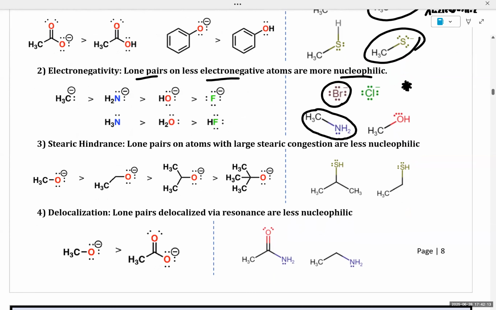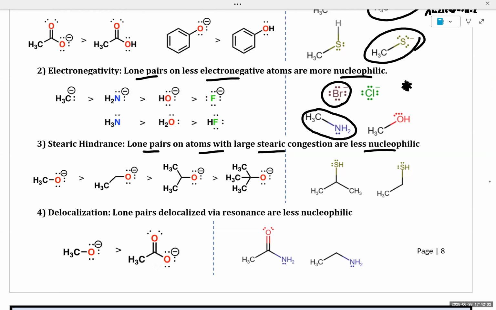Another factor that influences nucleophile strength is steric hindrance. Lone pairs on atoms with large steric congestion are less nucleophilic. The more substituted your carbons adjacent to your nucleophilic atom become, the less nucleophilic your overall molecule becomes.